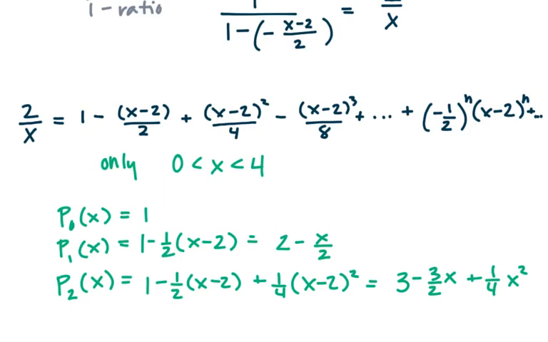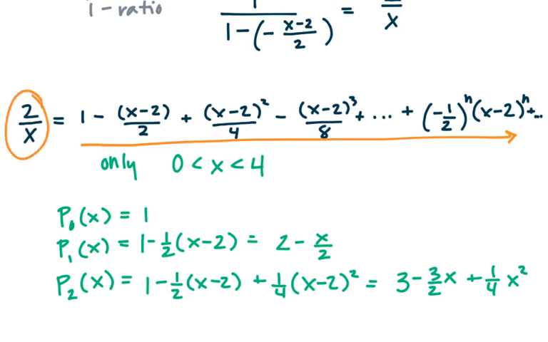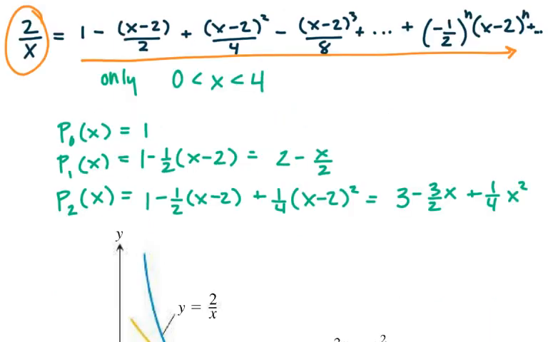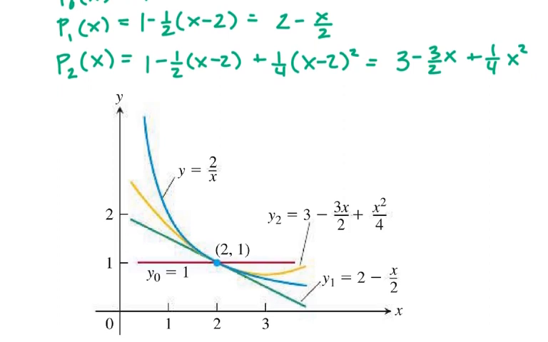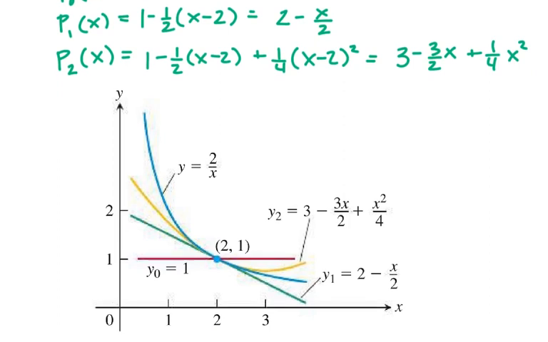As I have more and more of these terms, the curve of that polynomial is going to match this rational function, y equals 2 over x. And to try and cement that idea, I've brought this graphic in.